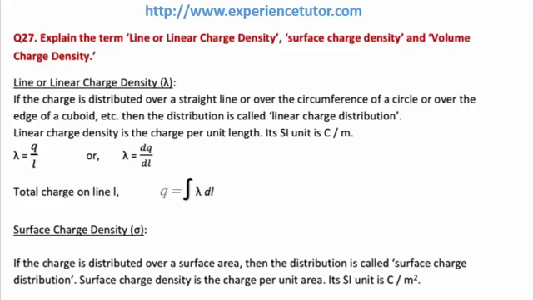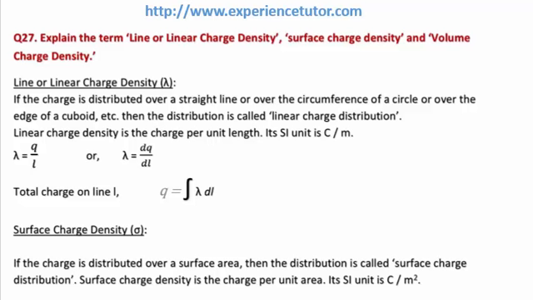Question number 27. Explain the term line or linear charge density, surface charge density, and volume charge density. Line or linear charge density, lambda.